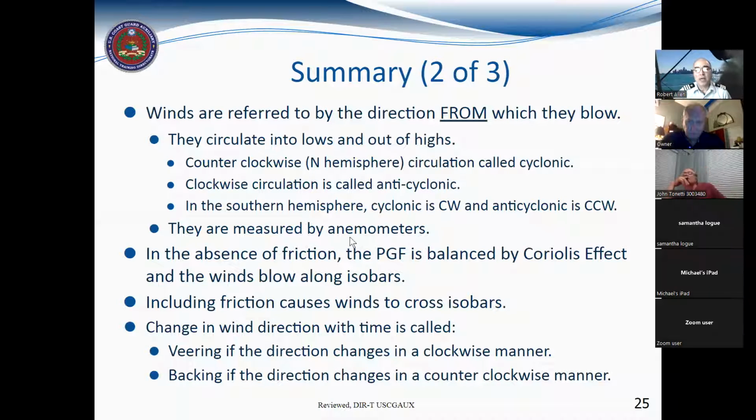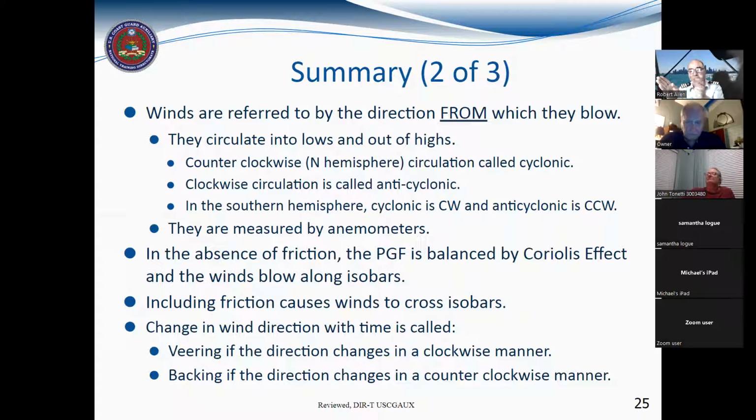Winds are measured by anemometers. That's how you know how strong the wind is. In the absence of friction, pressure gradient force is balanced by the Coriolis effect, and the wind tends to blow along the isobars, because as the wind speeds up, the Coriolis effect starts to take place and turn it to the right.